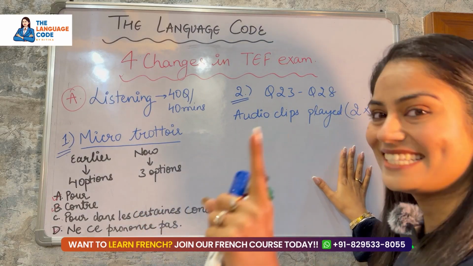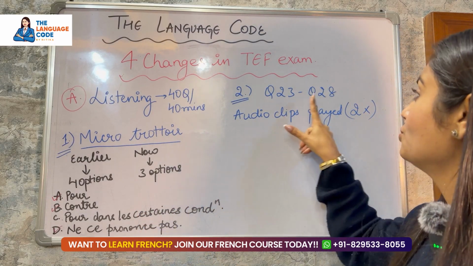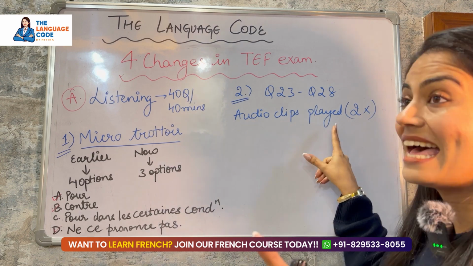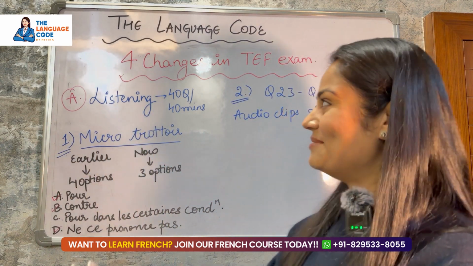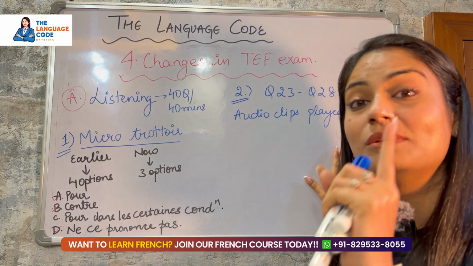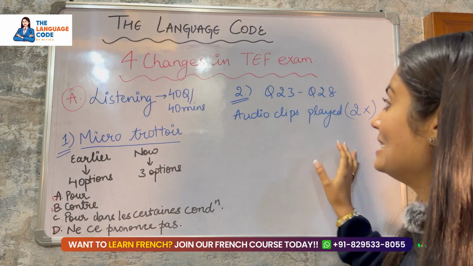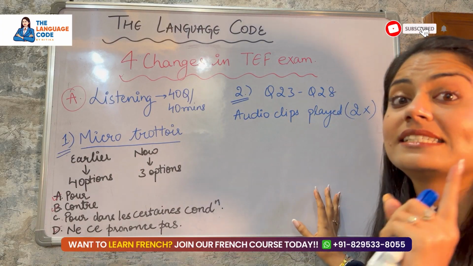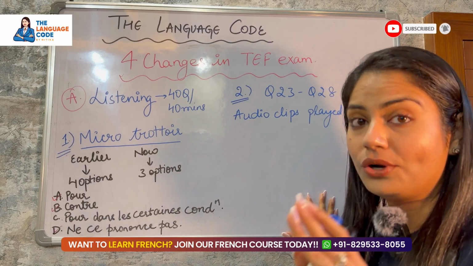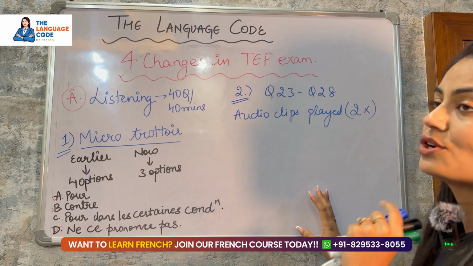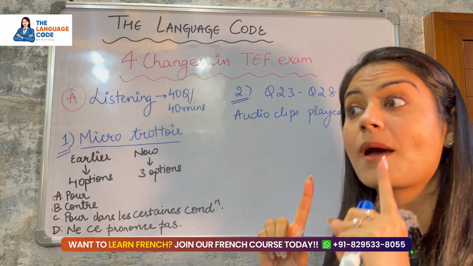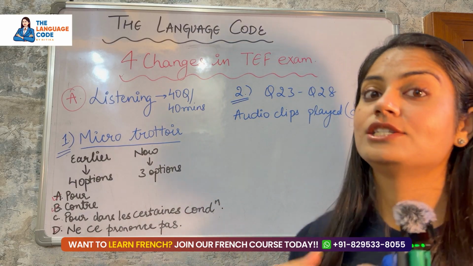The major change is that the length of the audio clips has been reduced, and one more thing is that the audio clips will be played twice. Questions 22 to 28 are 6 questions and there are 3 audios for them. 6 questions, 3 audios, and the length is decreased, plus it will be played twice.